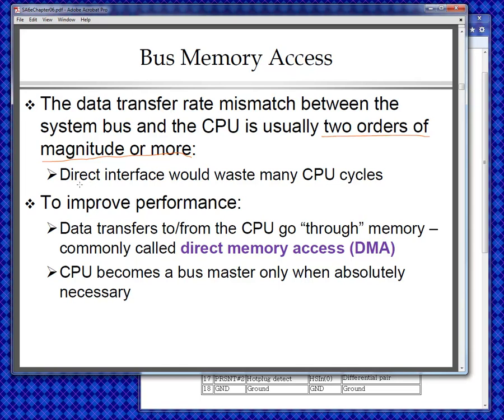So the bottom line here is, particularly for slower devices, if you were to interface them directly to the CPU or to the system bus, you would waste either bus cycles or CPU cycles. So to improve performance of data moving to and from the CPU, we always move it through memory.